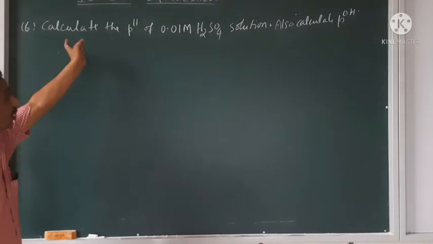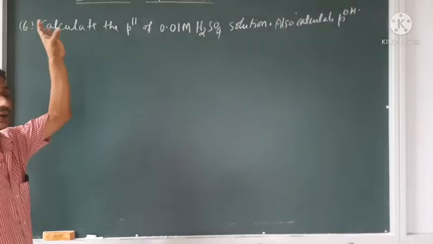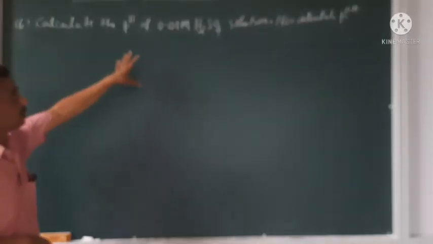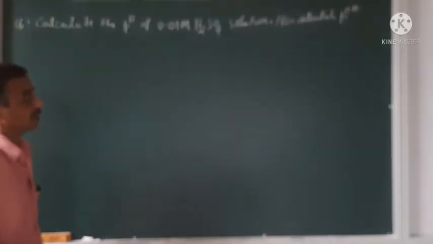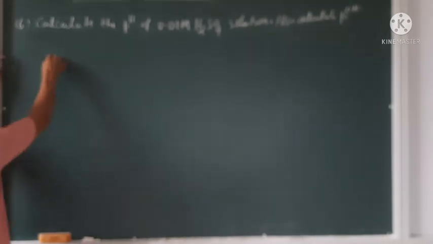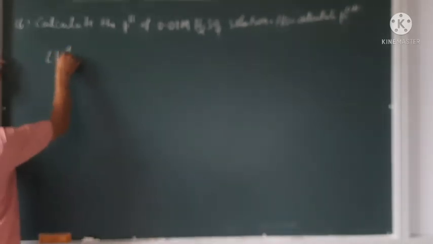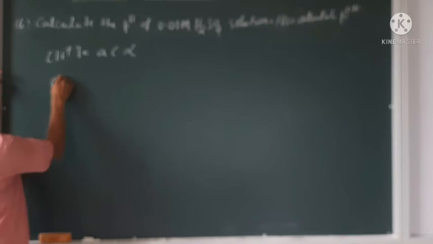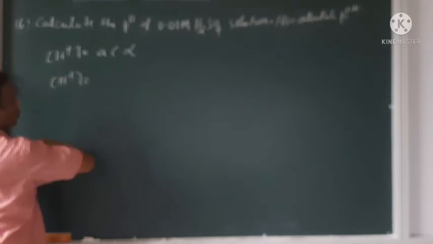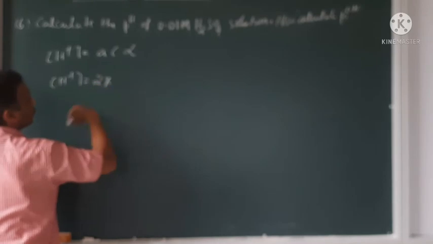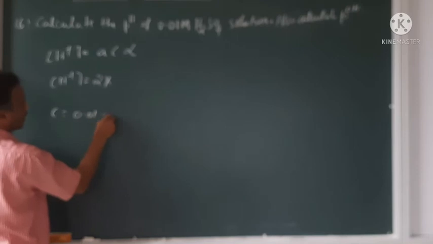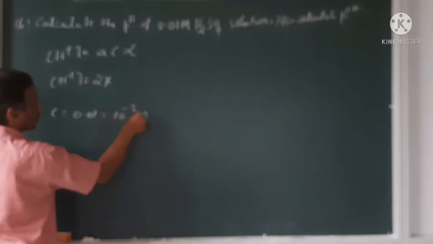Next problem. Calculate the pH of 0.01 M sulfuric acid. Also calculate pOH. See here, H plus concentration is equal to A into C into alpha. So H plus concentration is equal to 2 into 0.01. C value is 0.01, which I can write as 10 to the power minus 2 M also.